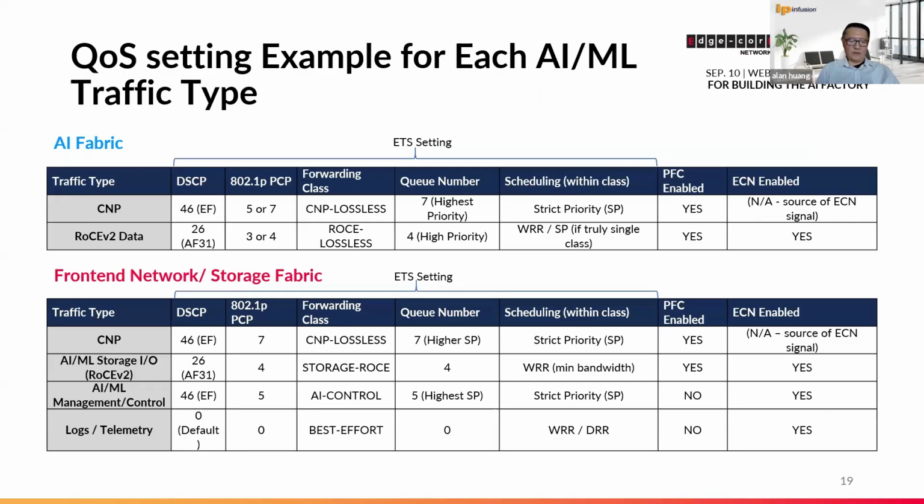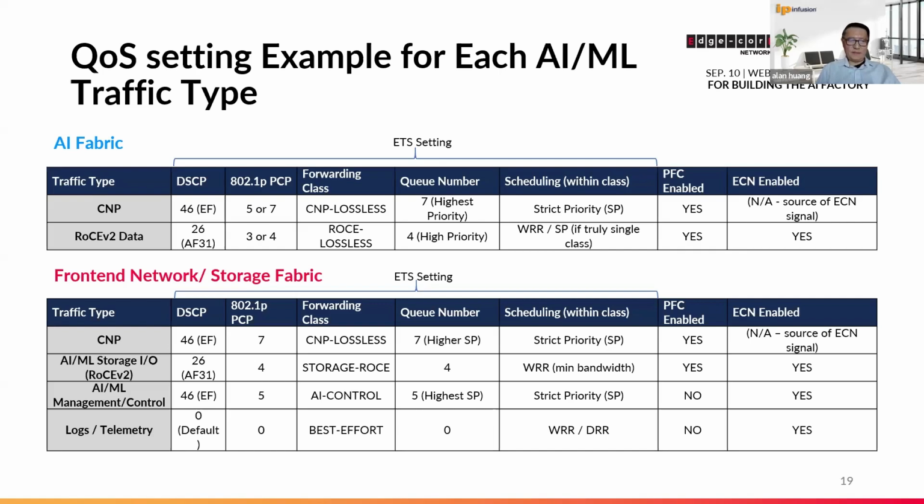So there are only two lossless queues, one for the data itself and the other one for congestion notification packets. However, there may be multiple jobs with a different priority and may need separate lossless queues with different bandwidth allocation, and that can be done as well.